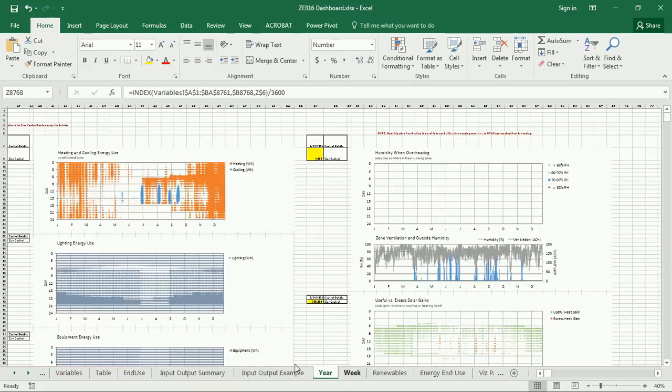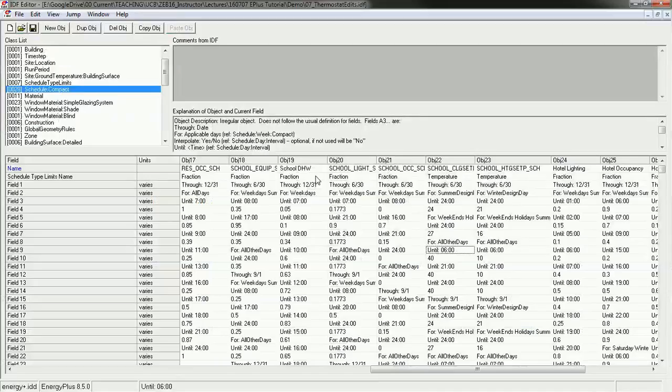If we look at the annual use, you see that a lot of the heating went off in this area. We're still getting these little bits of cooling, and that is actually importantly during the part of the year that we haven't adjusted. Remember in that IDF file, let's go back to this, we adjusted for January 1st through June 30th, but we haven't adjusted after June 30th.